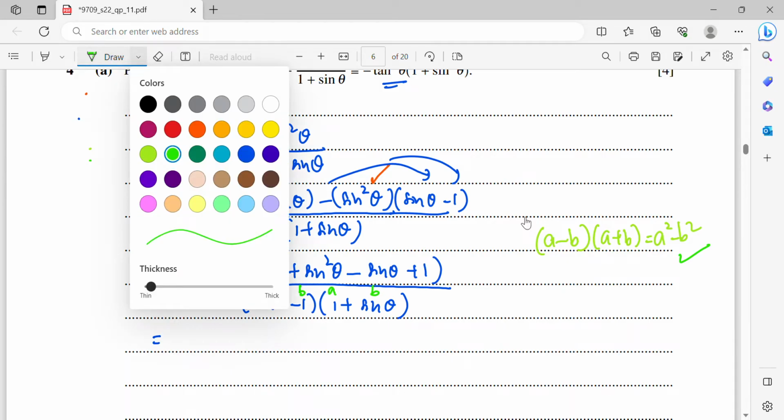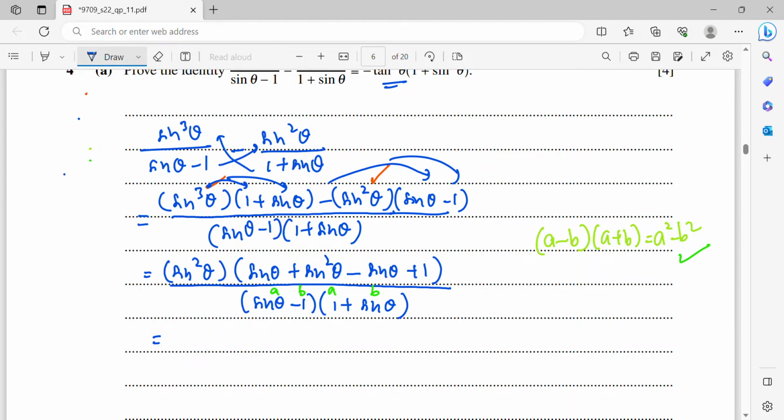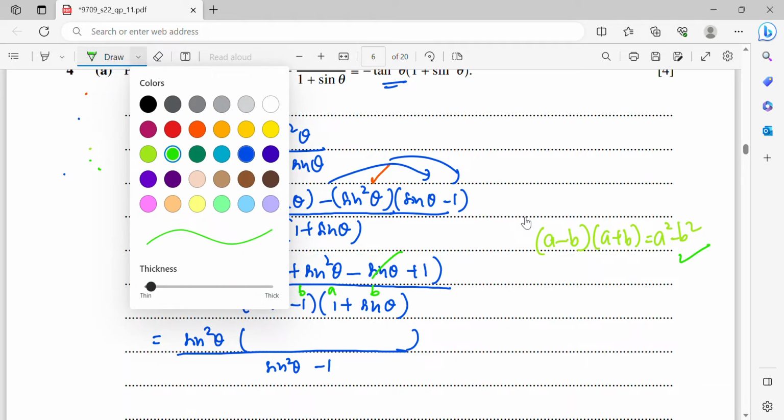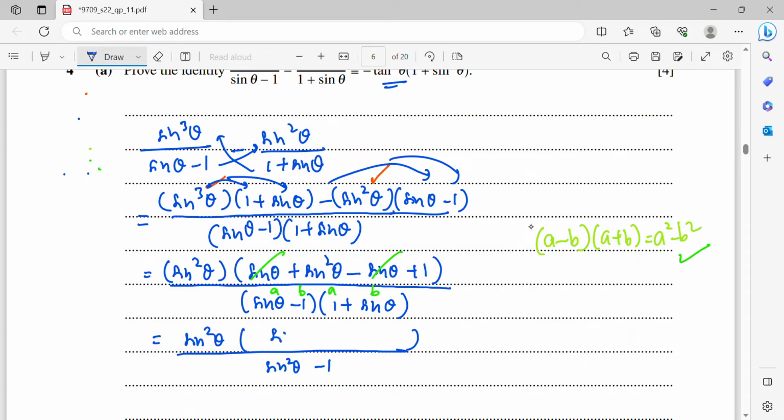So now the denominator I can change to sine squared theta minus 1. And for the numerator, inside the brackets, I can cancel off the sine theta because of the plus and minus. Then I will get sine squared theta plus 1.